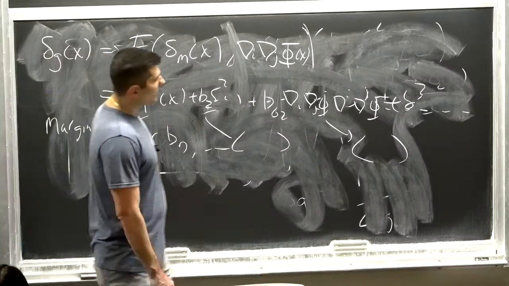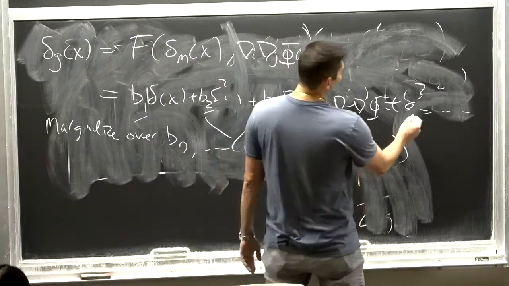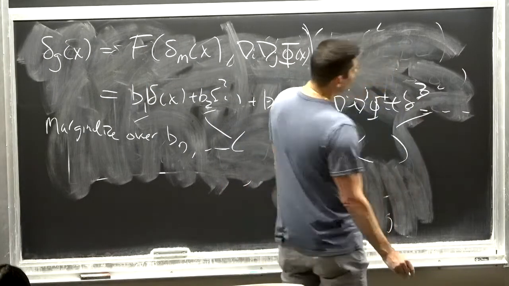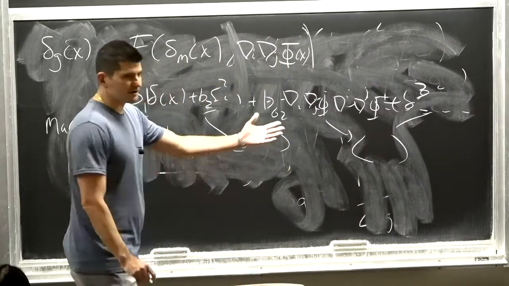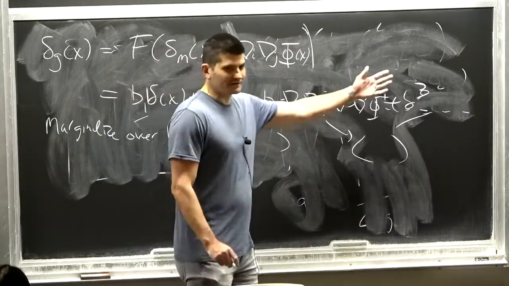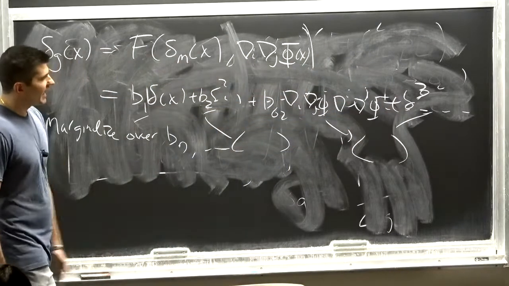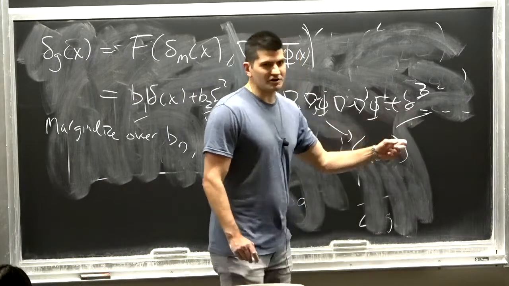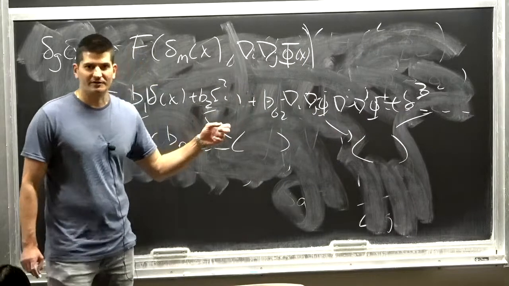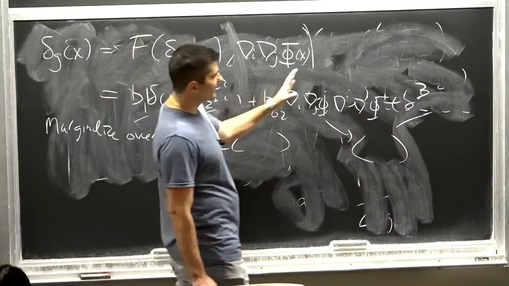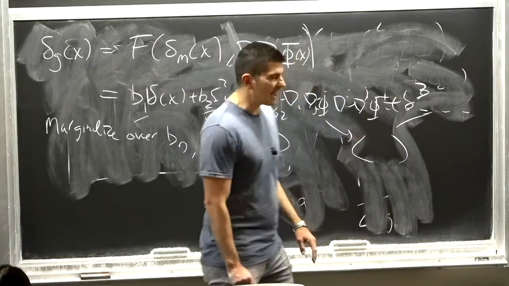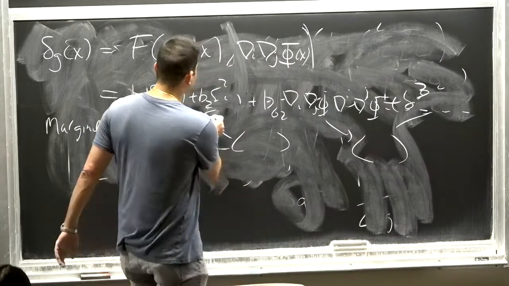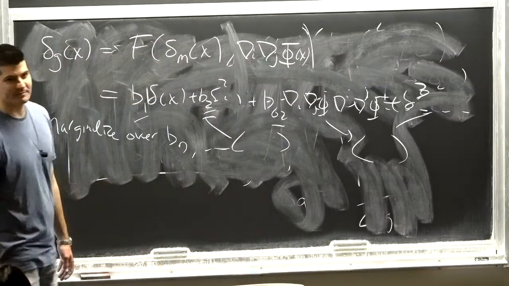A lot of the hope comes from the fact that, say, this term delta cubed also generates a 4-point function, and delta to the 4th generates a 5-point function. In fact, you can show that the information in the 4-point function is more important than what it does to the bispectrum. So your hope is that if I take all of this information and add it all up, I actually only have these two numbers to worry about, and that's not as bad.